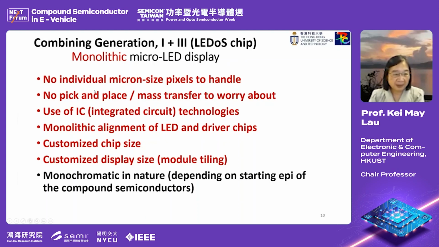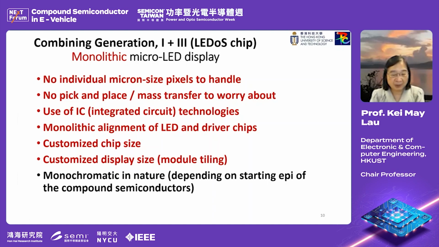We chose the monolithic approach because you don't have to deal with millions and millions of micron-size pixels to handle with pick and place or mass transfer. There are integrated circuit technologies you can use in the clean room. So the technologies are there, and you just apply them to make these monolithic LED chips.